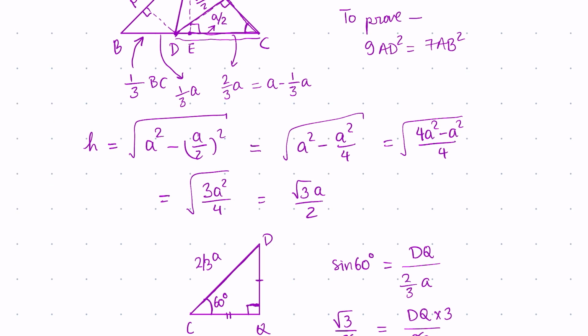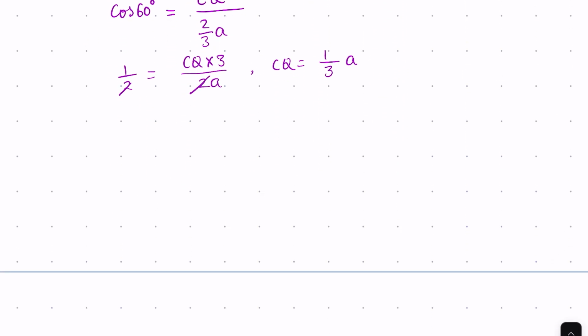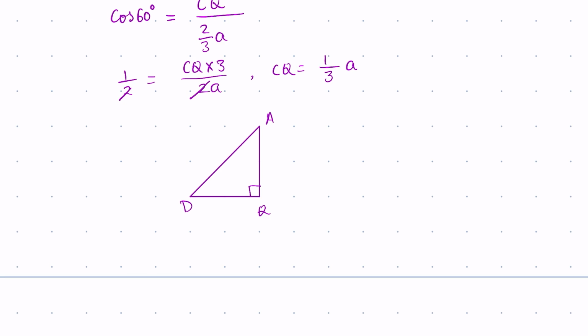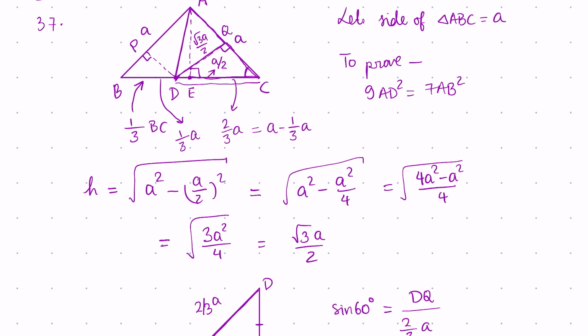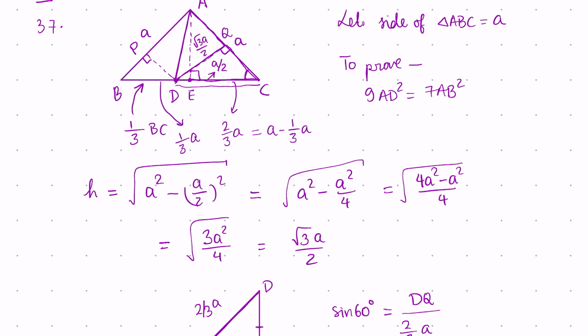Okay, so let's just draw the triangle. Okay, so A, Q, D, and this is perpendicular. What do we have here? So if we take this triangle, what is AQ? AQ from this figure, right? So what is AQ?